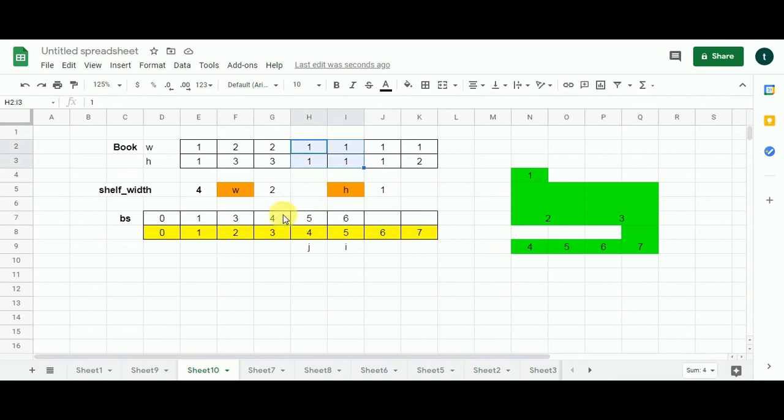So 4 plus 1 is going to give me 5, and that 5 is less than 6. So this arrangement is giving me minimum height. Okay, so I'm going to update minimum height over here.